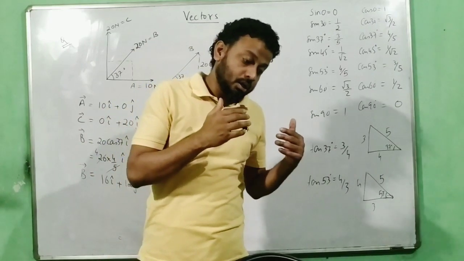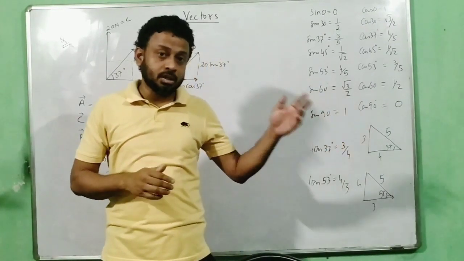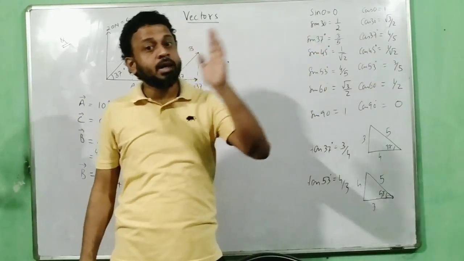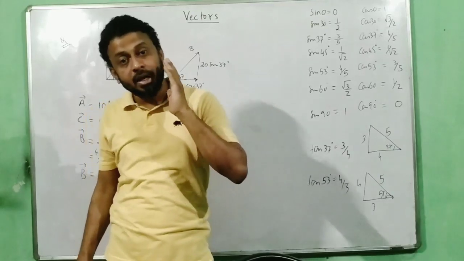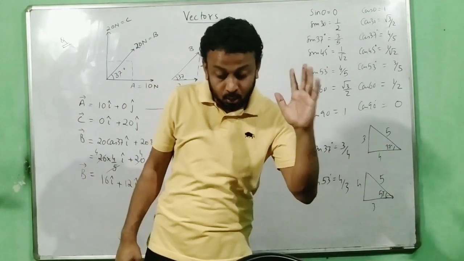So if there are two lines perpendicular to each other, and a vector is acting along line 1, then it will have no component along line 2. And if a vector is acting along line 2, then it will have no component along line 1. Okay, that's the rule.